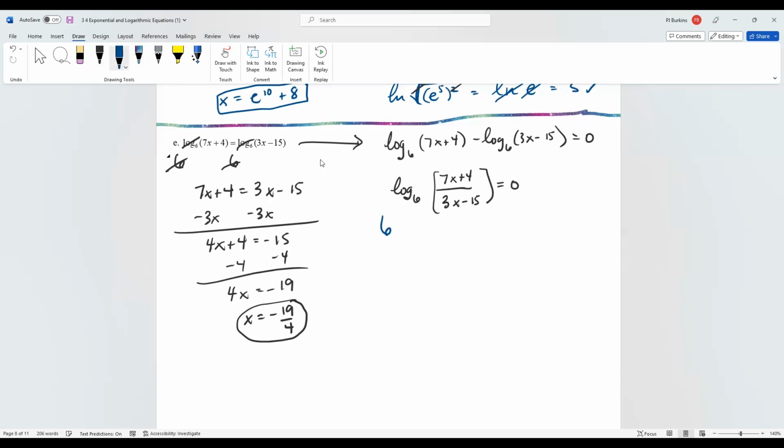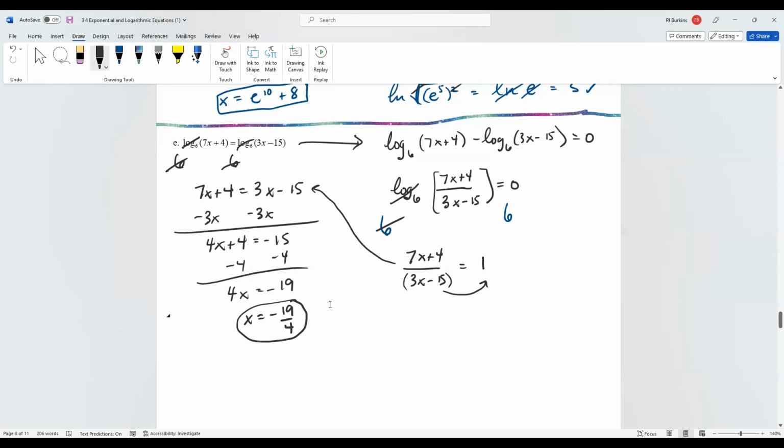On the left, these cancel, and I get everything on the interior, which I have been calling the argument. And on the right, I have 6 raised to the 0. So anything to the 0 power except 0, of course, gives us back 1. If I then were to multiply the denominator to the right side, I would get myself back right here. So just an alternate way of doing it.